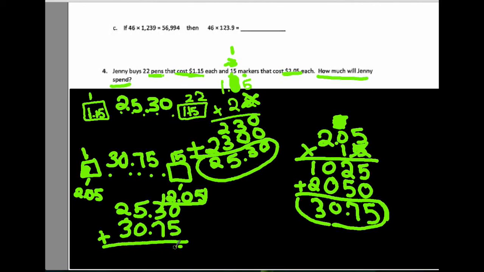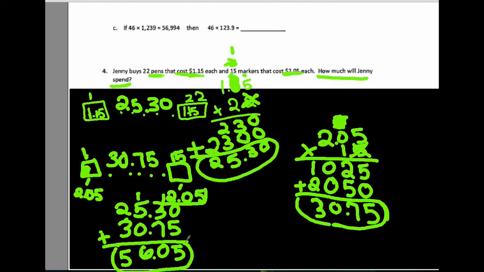5 plus 0 is 5. 7 plus 3 is 10, and I'm going to carry my 1. 0 plus 5 is 5, plus 1 is 6. And I'm going to bring down my decimal. 2 plus 3 is 5. And his answer will be this much.